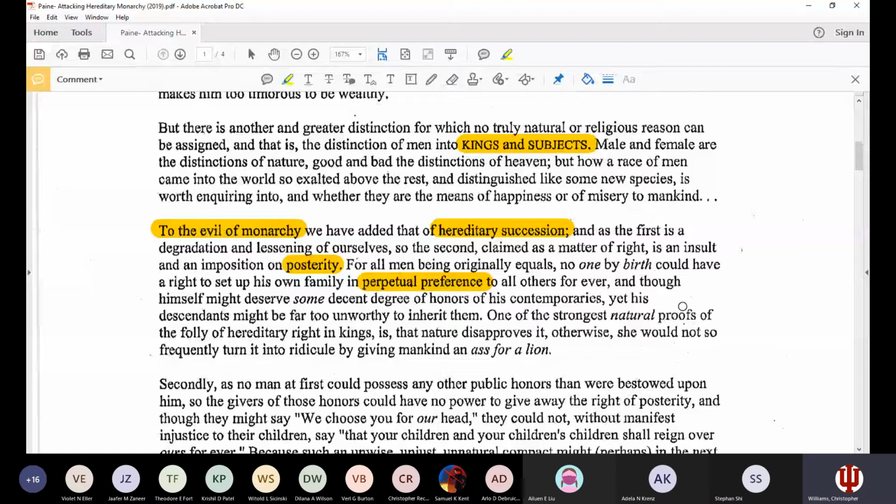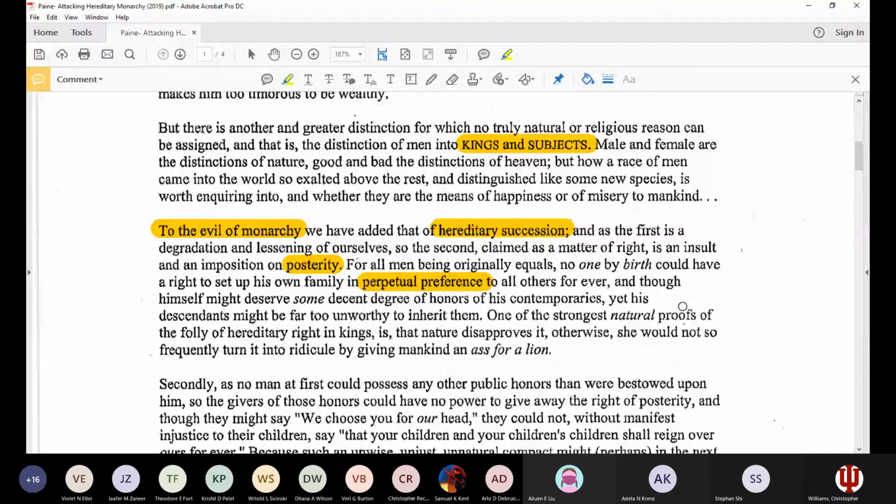That's part of the reason why hereditary succession becomes so volatile and so hated, but also in Paine's mind, it's become so commonplace because it's just been accepted as, well, the next monarch's in and he just happens to be the son of the previous monarch and that's just the way it is. But he doesn't want that to be the norm. It shouldn't have to be the norm because one family should not automatically place themselves higher than everybody else just because that's the way they think it should be.